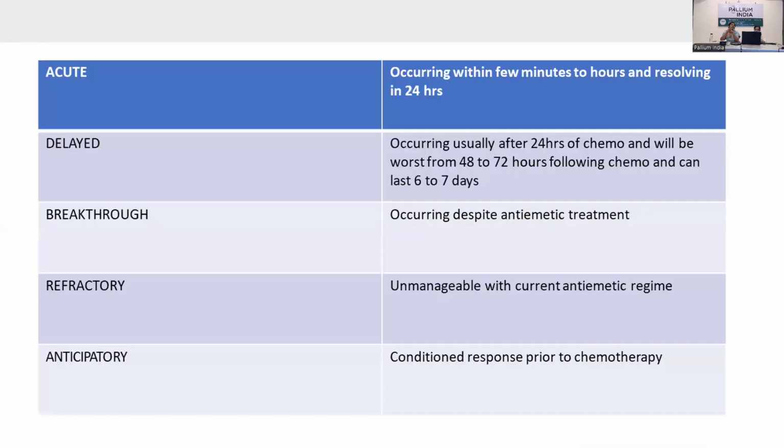Next slide. Let me tell you about a few things which you usually come across in your clinical practice, but we don't know what actually happens. There are different types: acute vomiting, delayed, breakthrough, refractory, and anticipatory. You should know what all these are.